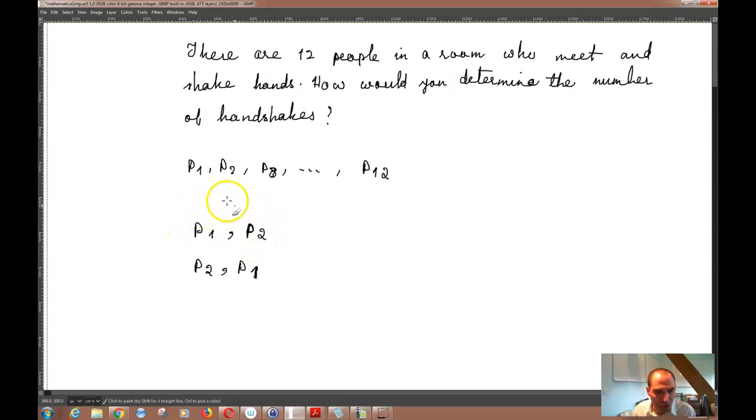So the order of these pairs does not really matter.